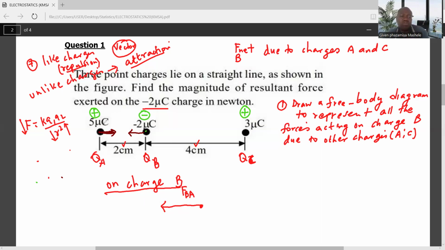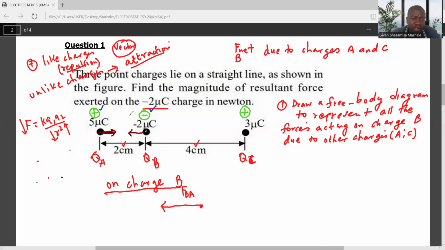Now, since we have compared charge B with charge A, we're going to compare charge B with charge C. Comparing charge B with charge C, this is what we're going to have. Remember, these ones are unlike charges, so they will attract. But since we are interested in charge B, we will have this.